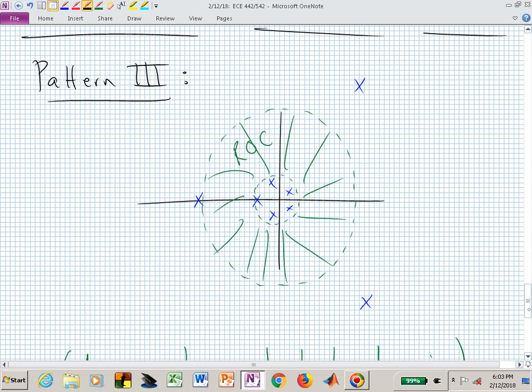I never know how to phrase this, but there should be, I hope, some poles inside, sort of a void, and then the region of convergence, and then the other poles are in sort of another void that's outside of that donut. And you can hopefully see that this region of convergence is connected, meaning you can get from here to there while staying in the region of convergence.